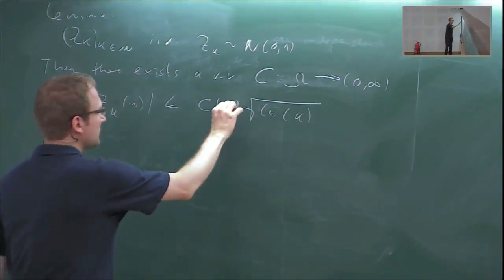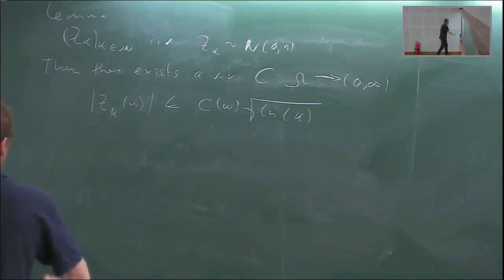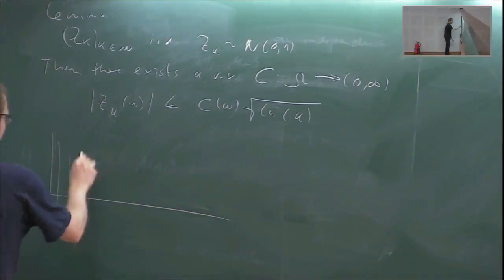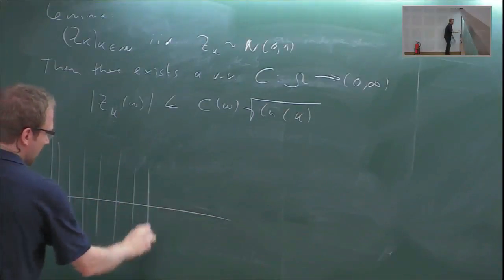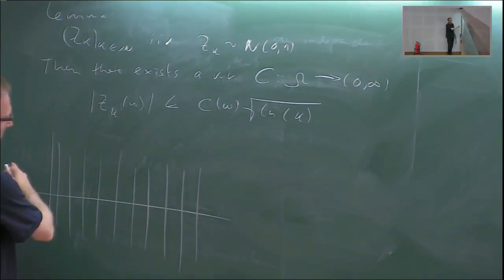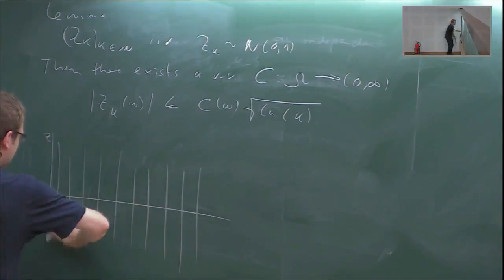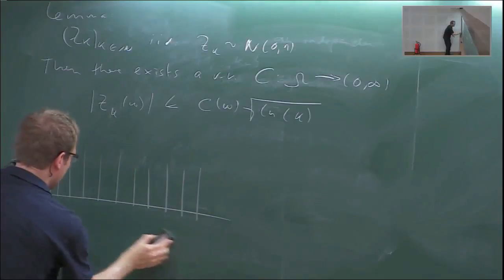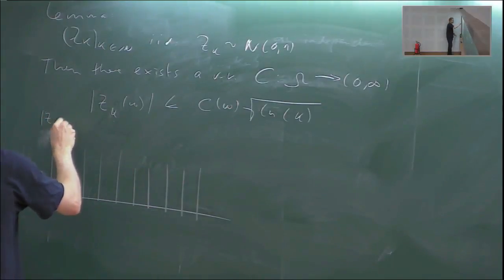So in the first place it looks surprising. If you have a family of standard normally distributed random variables, so we take the absolute value of these, we can just cut off the negative parts. So these are the values of zeta k.